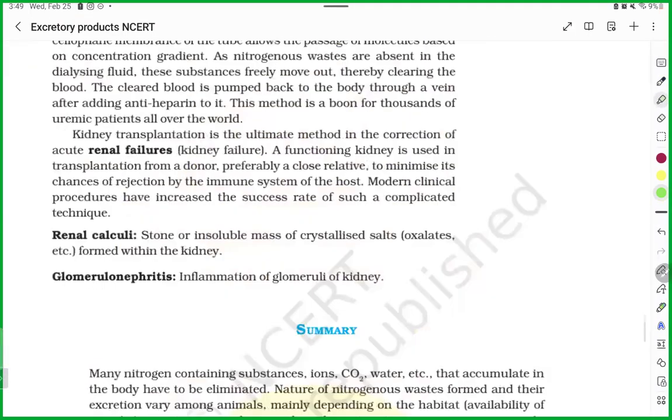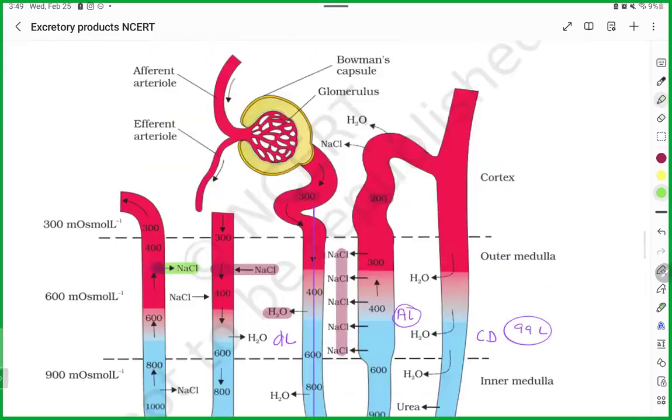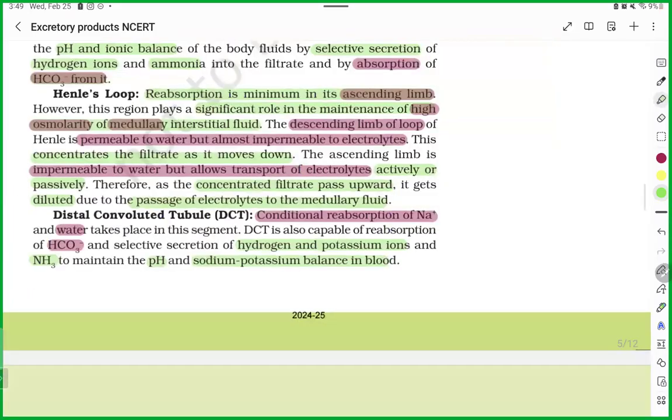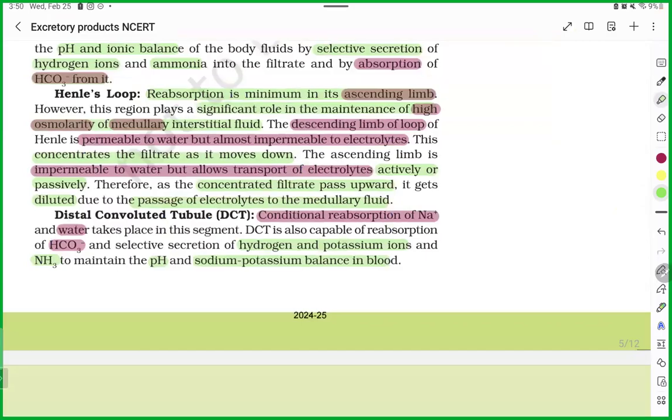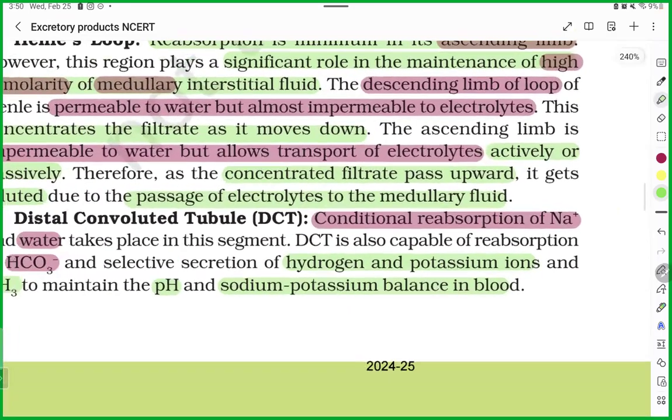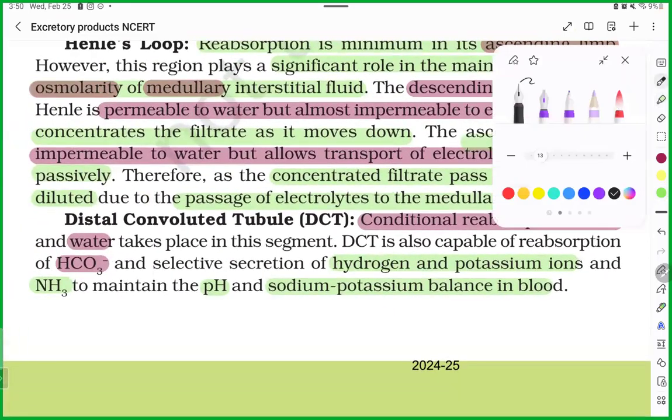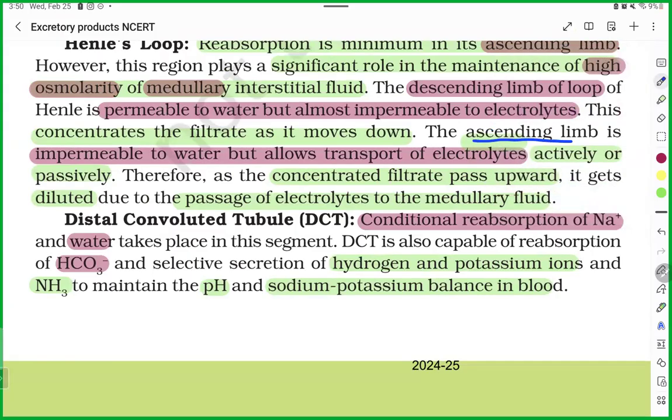Yes. Okay. See this. Ascending limb is impermeable to water but allows transport of electrolyte either actively or passively.